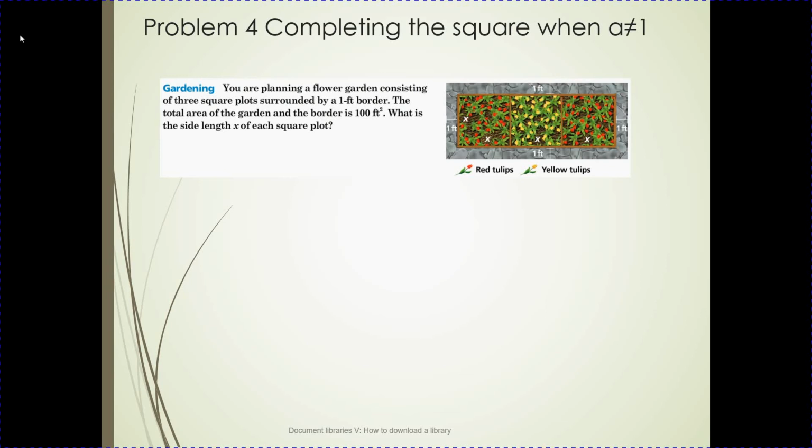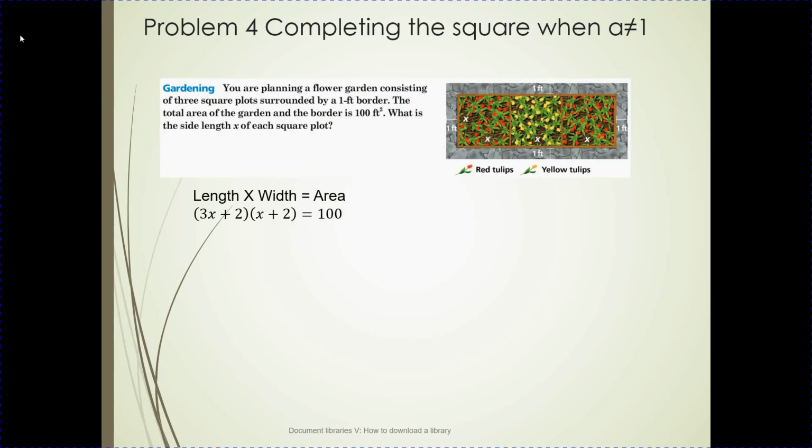What is the side length x of each square plot? So here we have a garden. The area of the garden is given, but the dimension of the garden is not given. So the dimension is written in the form of a variable. Therefore, we need to find the value of this variable, which is x. Then we can find the dimension, which is the length and the width.